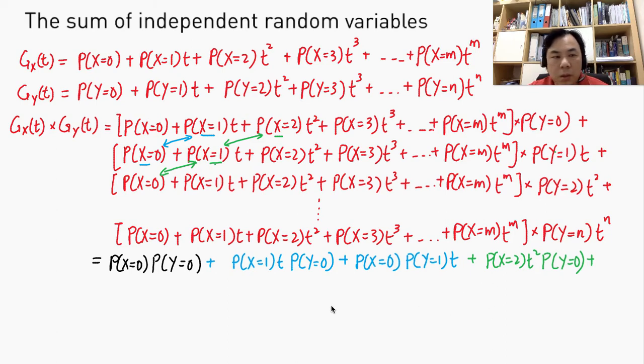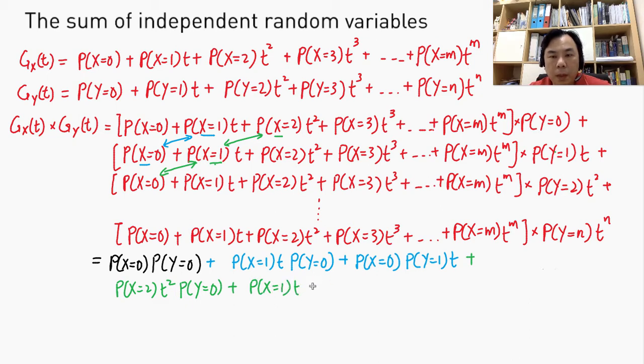So maybe it's best if I write it down below there, then you can see the combinations more clearly. So that will be Px equal to 2, t squared, Py equal to 0, or it could be Px equal to 1, t, Py equal to 1, t, or it could be Px equal to 0, and then Py equal to 2, t squared. Right. So I hope that is clear at this point.